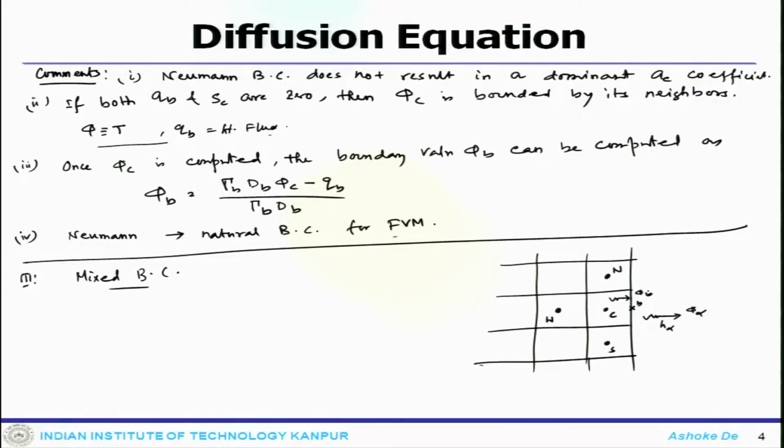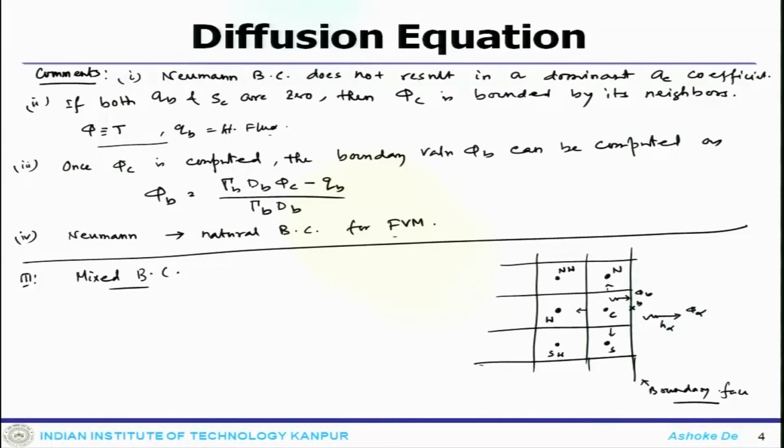So, both of them are specified. So, these are the surface normal vectors, northwest, southwest, and this is the face of the boundary. So, this is the boundary face.